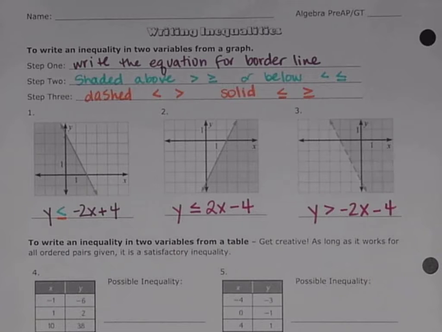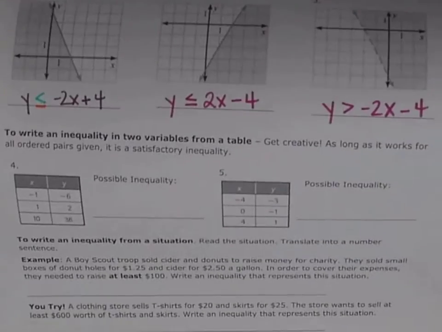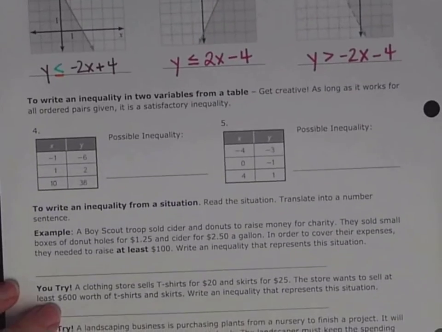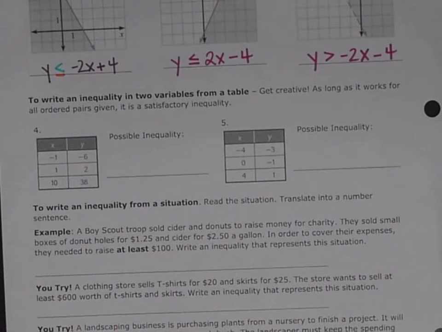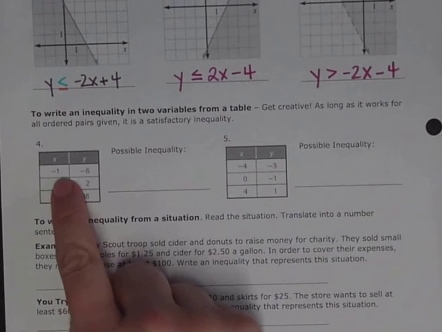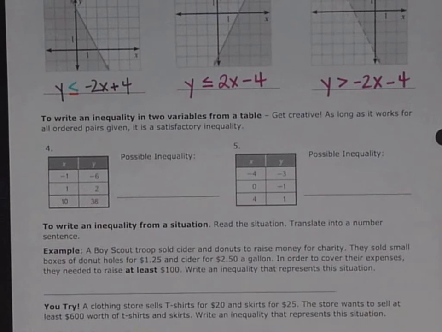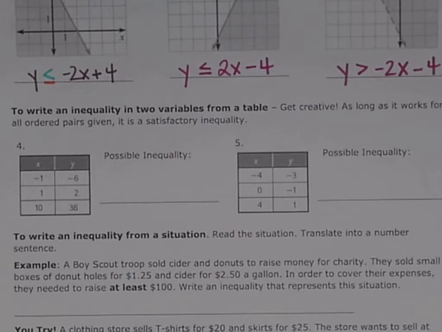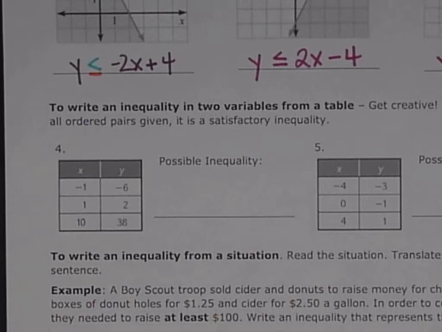If we're writing an inequality in two variables from a table, you can be as creative as you want. As long as it works for all ordered pairs given, it's a satisfactory inequality. So here, you could make an equation for a borderline and just make sure you include the or equals to symbol.